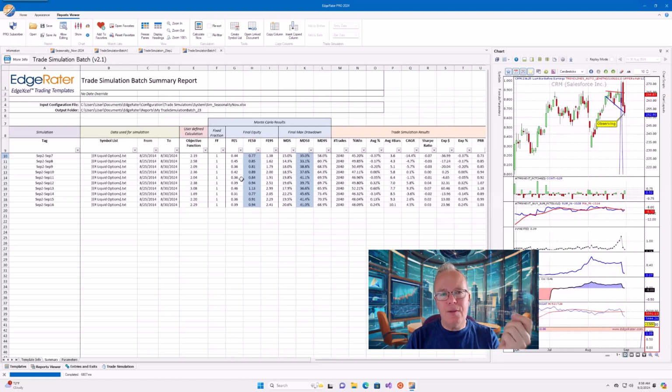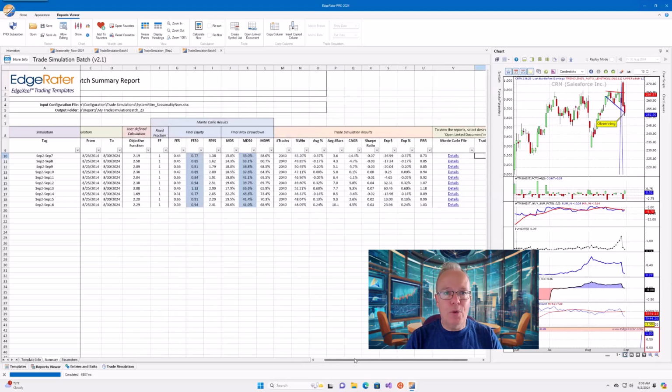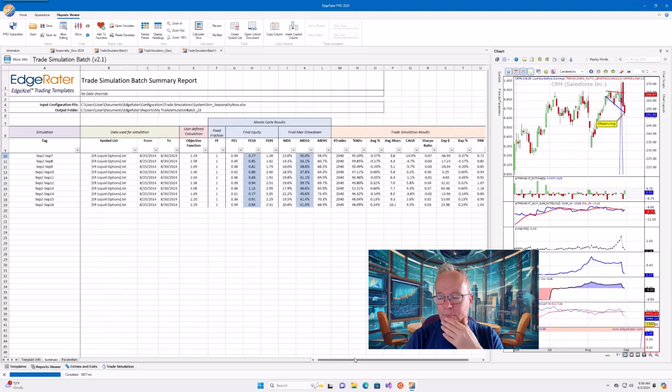So it's saying, in this list of liquid options, let's trade every single one of those in that time frame for each year, and we'll figure out what the average gain is over that period, which is fine. It's not really what you want, I'm sure, but it's also quite useful because if you had a list of stocks that were related, you could run that and get that summary figure. But there's something else that we can do here.